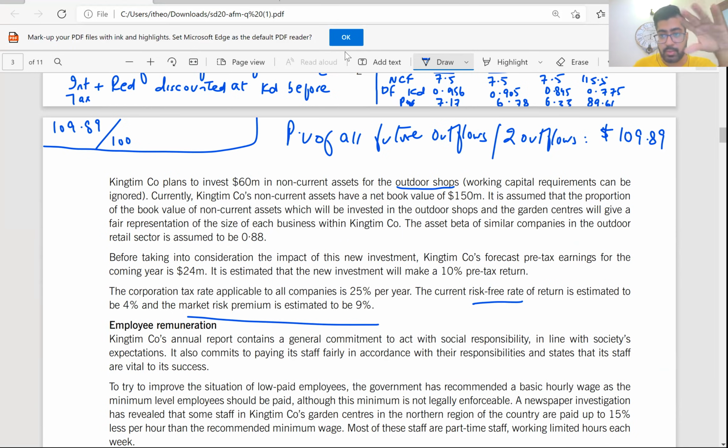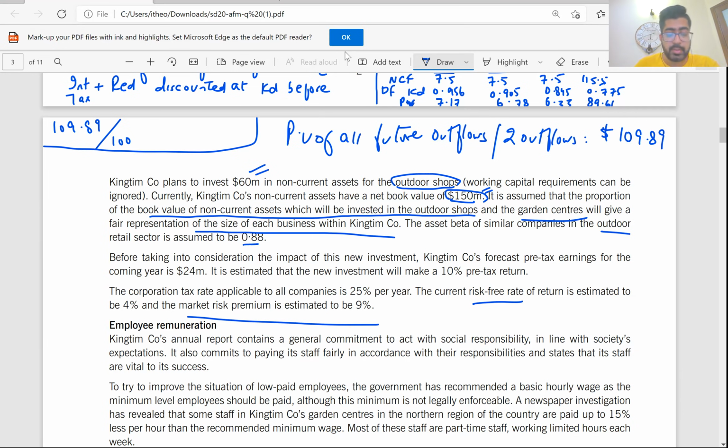Currently, non-current assets of the existing garden business are 150 million. It is assumed that the proportion of book value of non-current assets invested in outdoor shops and garden centers will give a fair representation of the size of each unit. Whatever non-current assets are in each unit, outdoor and garden, they represent the size of each unit. So outdoor is worth 60 million and garden is worth 150 million. And asset beta of similar companies in outdoor is 0.88.